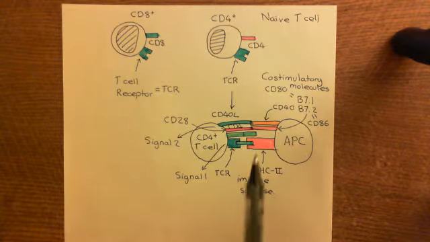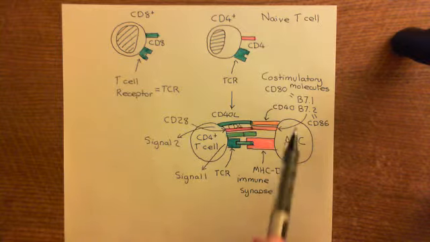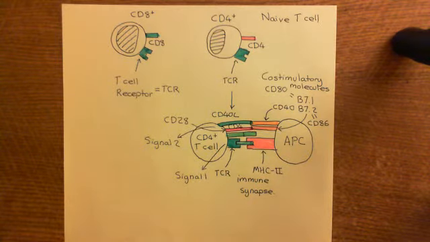Okay, then that's not enough to activate this T cell. Instead, what you need is co-stimulatory molecules expressed on the surface of the professional antigen-presenting cell, and the expression of these co-stimulatory molecules will be induced by the activation of pattern recognition receptors within the APC, which will be activated by pathogen-associated molecular patterns.